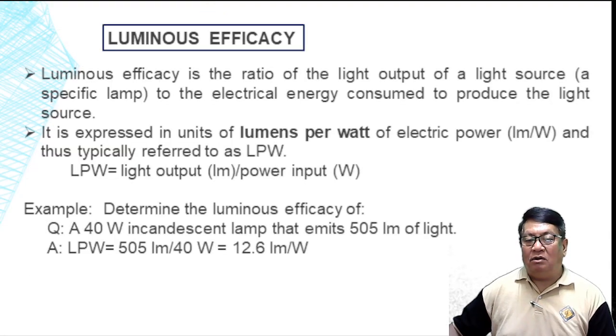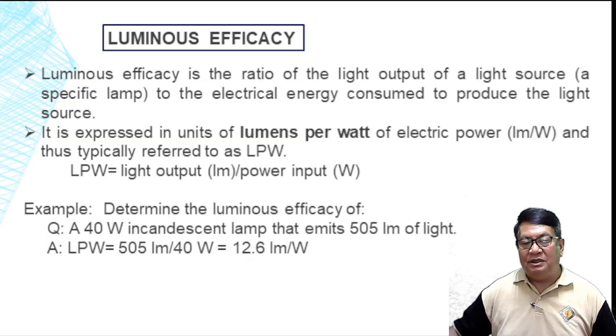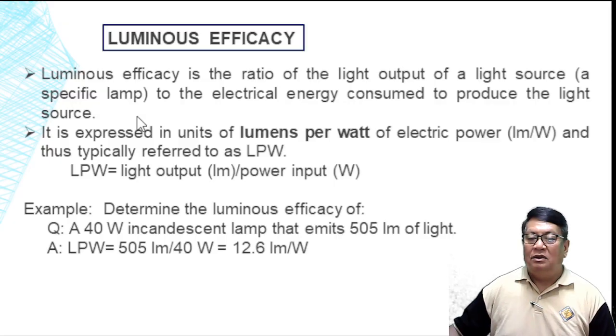Let us talk about luminous efficacy, or light efficiency. Luminous efficacy is the ratio of the light output of a light source to the energy consumed to produce the light.